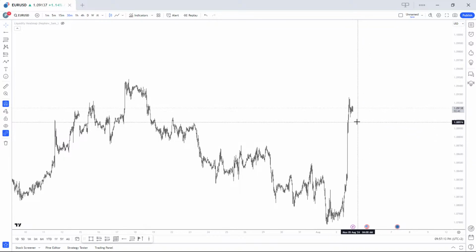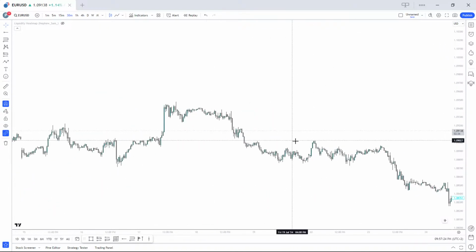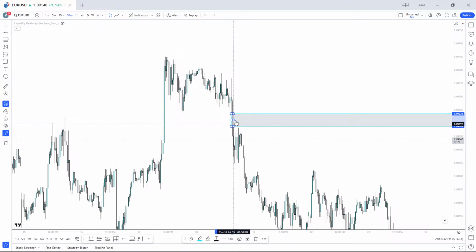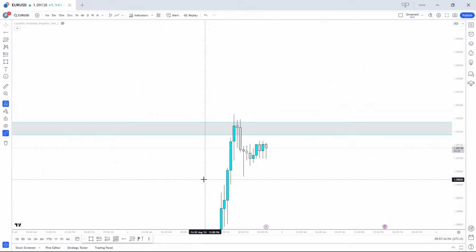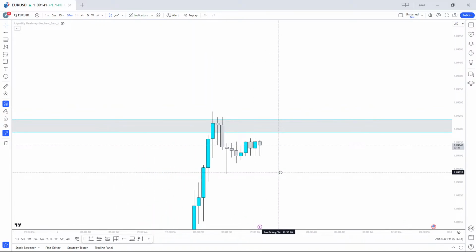This is a very good move for our next week. Alright, so what do we have here? Here is an unmitigated fair value gap right here, so we can actually do the analysis, no problem. And okay, we see a retest, nice.